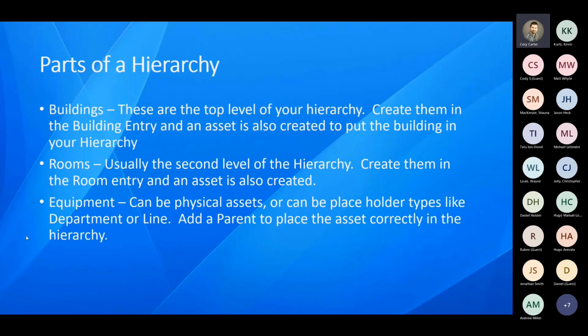Or you can do what I mentioned here in the next line, where you create a piece of equipment for the department or for the line. So you can create a piece of equipment called line 1, and that's your production line 1. So then your hierarchy can be laid out where you have a building at the top. Then the next level of your hierarchy is production lines 1 through 5.